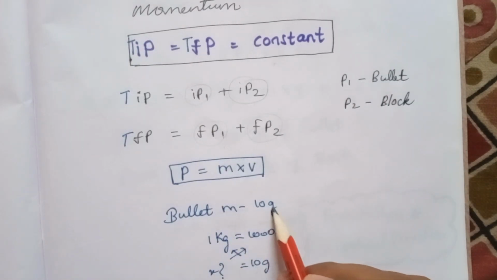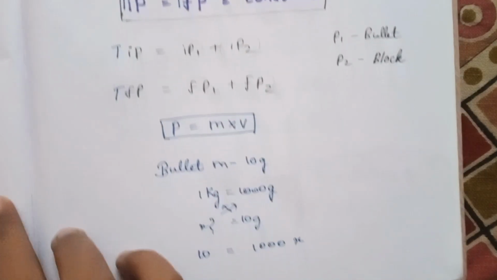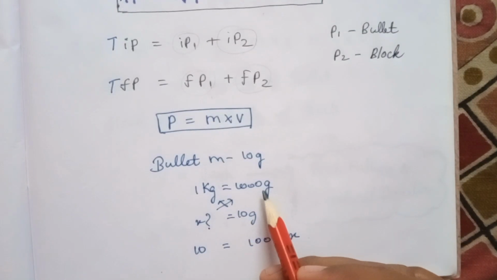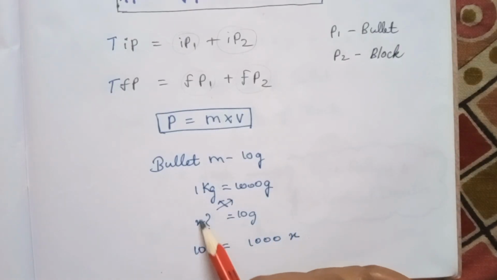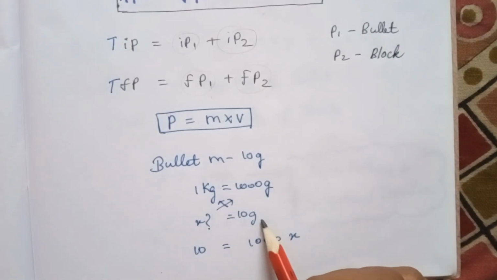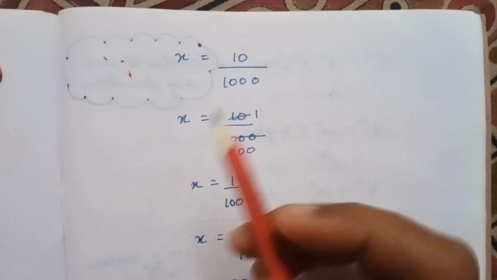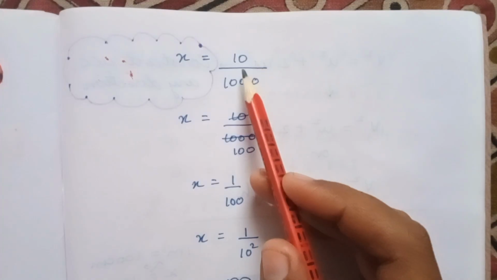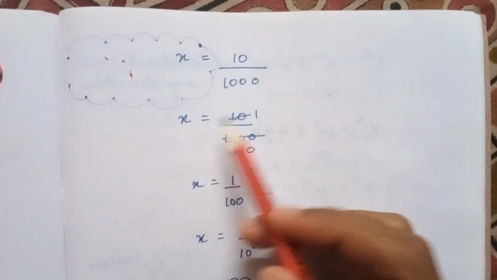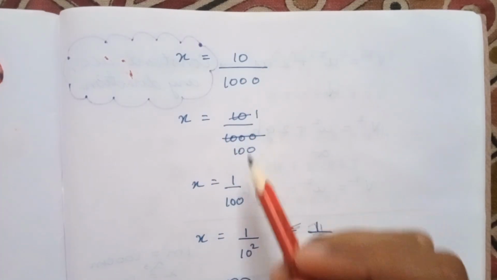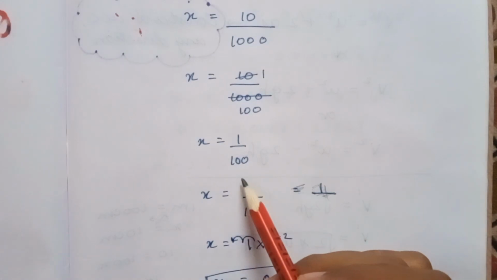Bullet mass is 10 grams. Now we have to convert it into kg. So 1 kg is equal to 1000 grams. Then how many kg is 10 grams? Cross multiply, we get 10 is equal to 1000x. x is equal to 10 divided by 1000, which is 1 divided by 100.